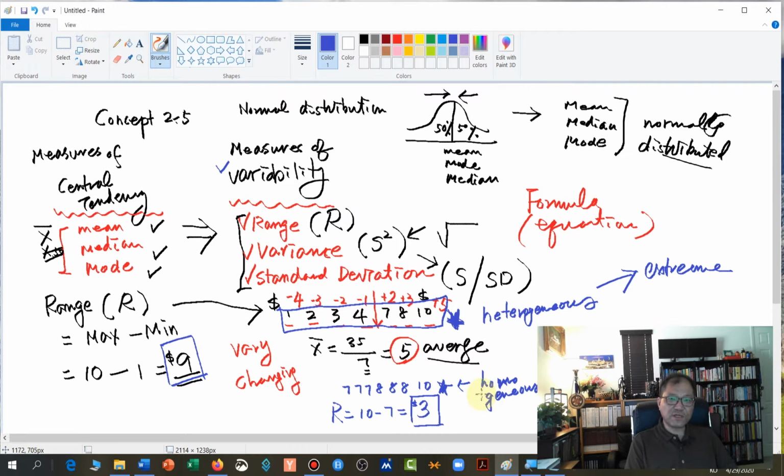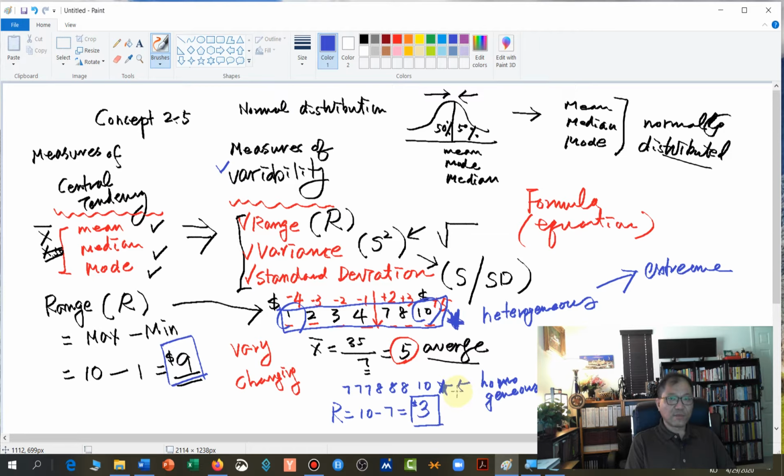Homogeneous. Everyone is very similar. $10 and $1, a huge difference. So you can say this group is a little bit heterogeneous. Here, most people have almost the same amount of money in their pocket. So everyone is almost equal, similar. That is called homogeneous.